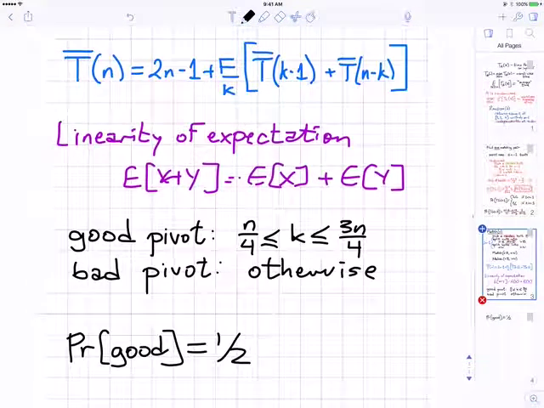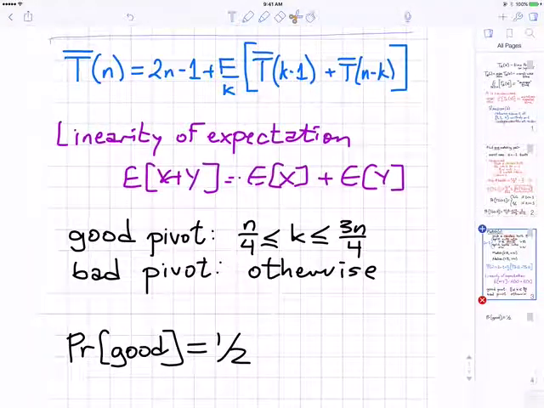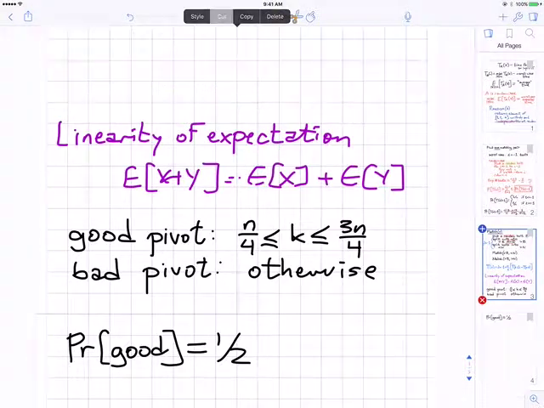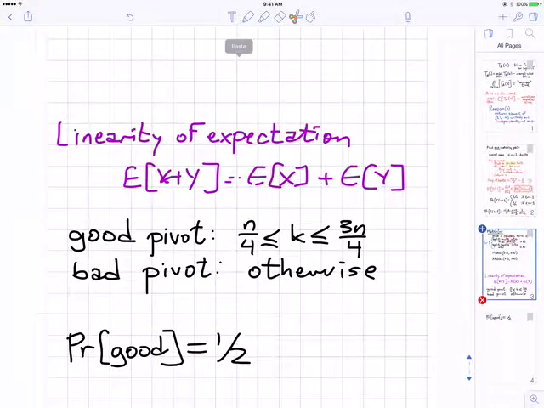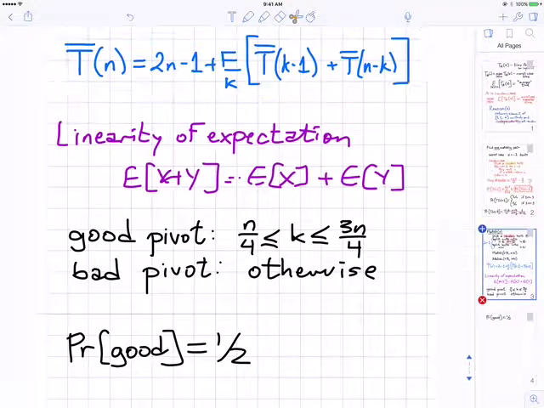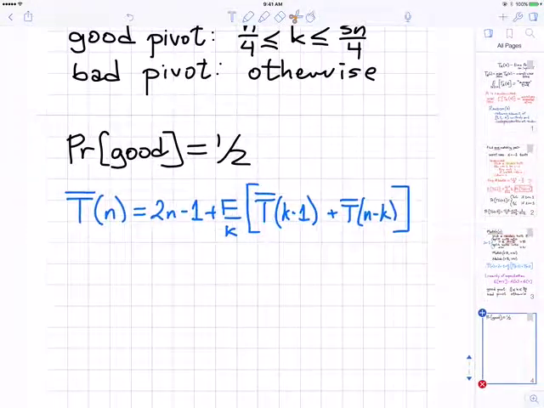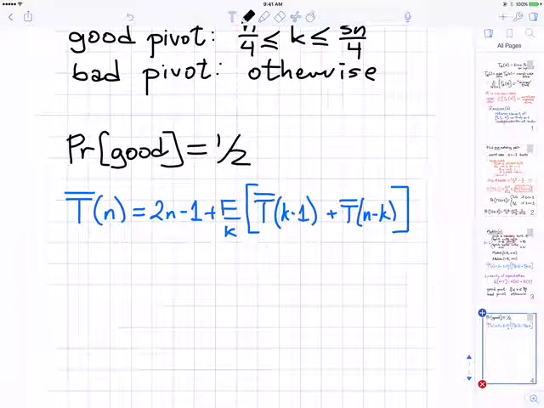So let me take this recurrence and see if we can write it slightly differently.